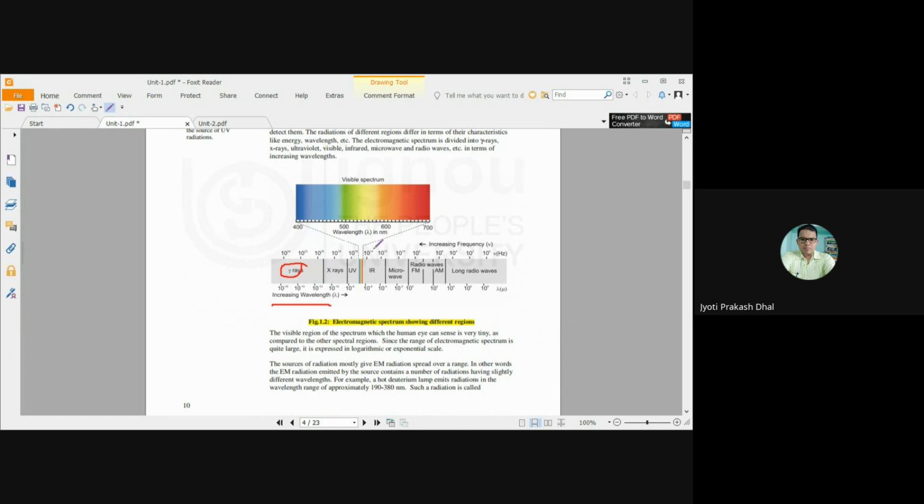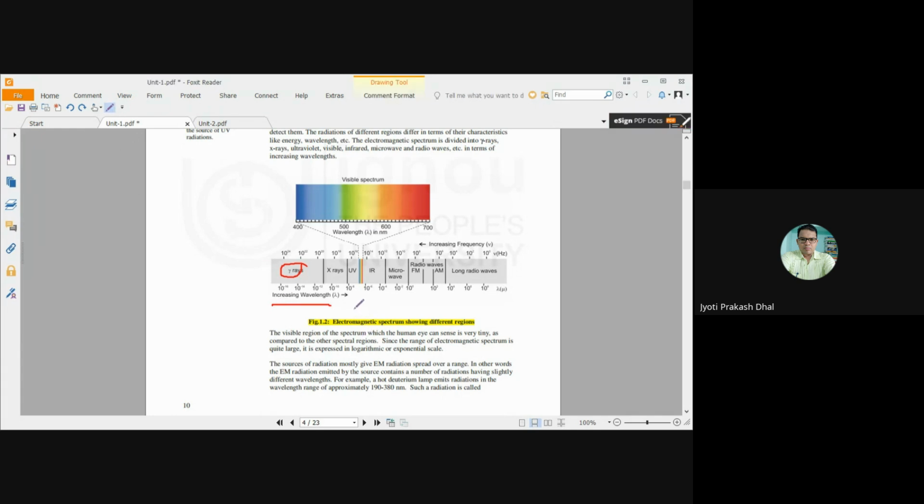Then visible light, which is colored. That's why the range of visible light is 400 nanometer to 700 nanometer of wavelength. And after that, infrared, then microwave, then the radio waves. And again, the radio waves are divided into two types, FM and AM. And after that, long radio waves. So here you can observe that the different electromagnetic radiations are arranged according to increasing order of their wavelength.